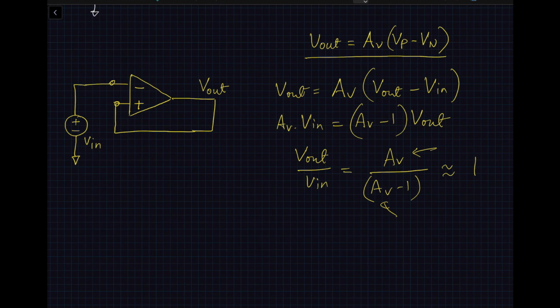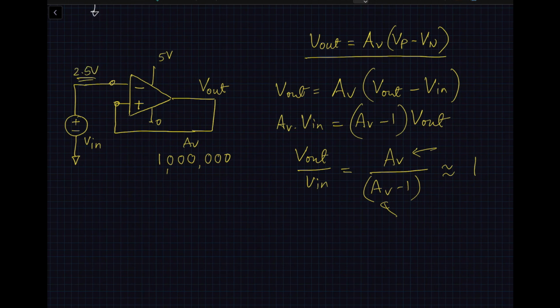Let's think about this for a minute. Let's say that the gain AV is 1 million, which means there are 6 zeros. AV is equal to 1 million. Now, let's say in this particular case, the supply voltage is 5 volts and 0 volts. And as I said, we will apply an input voltage equal to 2.5 volts for a minute.